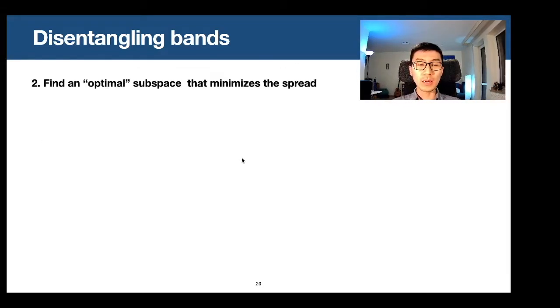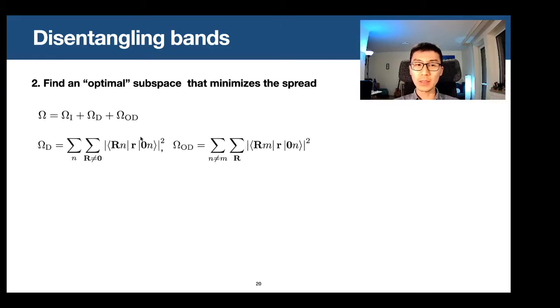And once you project the Bloch functions, what we are going to do is find an optimal subspace that minimizes the spread. So far, we dealt with only a certain part of the spread, omega D and omega OD, for insulators.